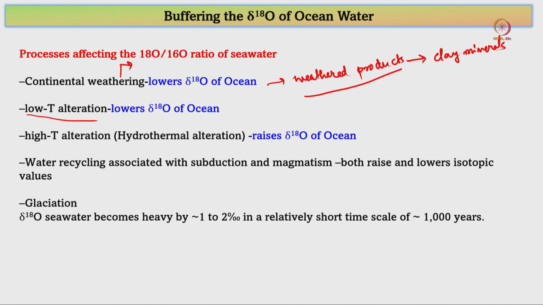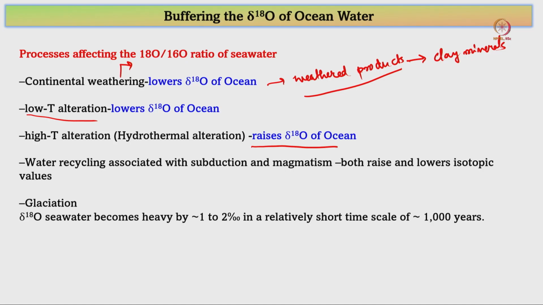In the high temperature alteration, that will probably raise, either it will not change or it will raise the delta 18O value of the ocean, because now these rocks, as you have seen in the geothermal exchange, these rocks are rich in 18 oxygen and they are going to supply these 18 oxygen to the water.